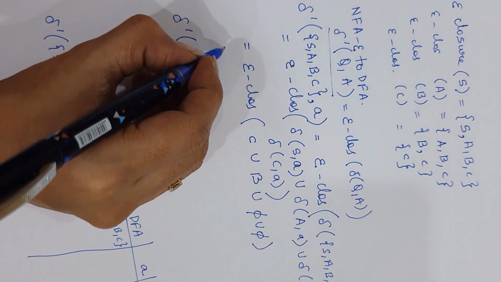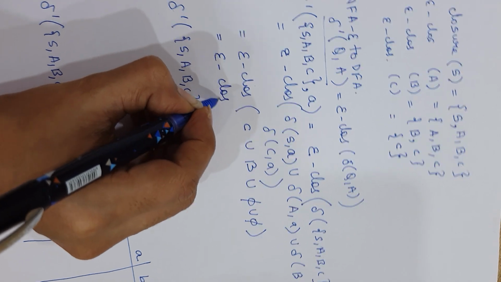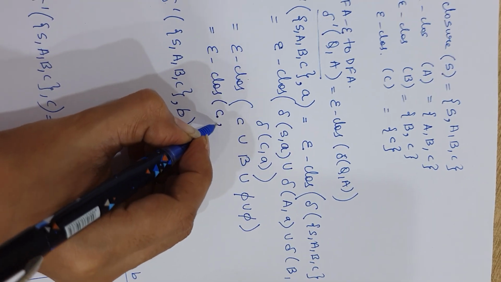Now when I take the union of this, I will get epsilon closure of C and B both.